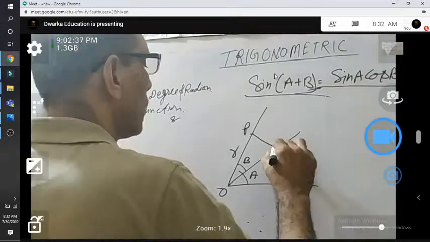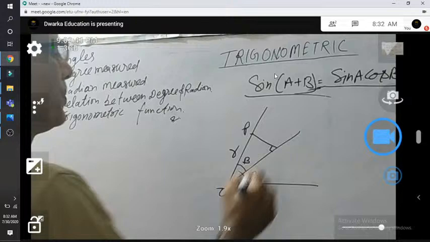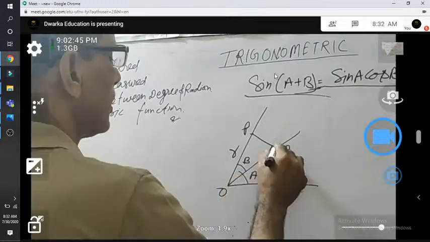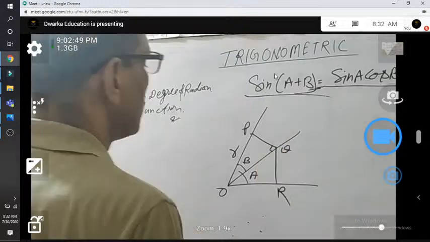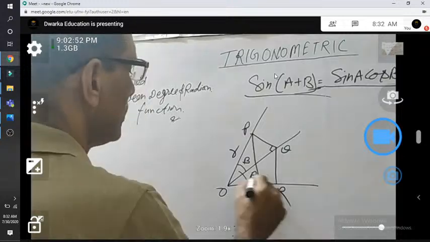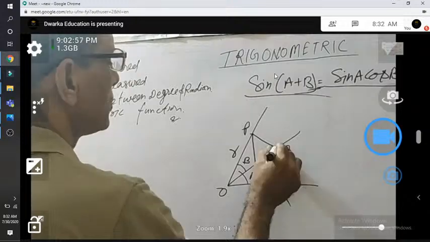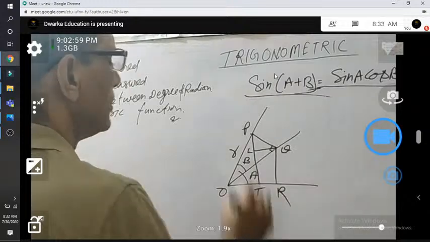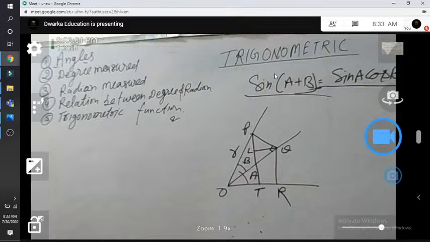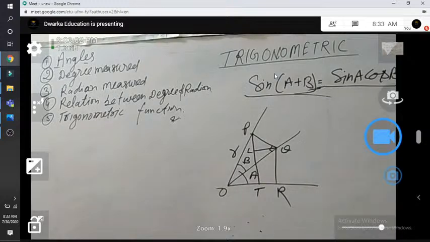This is PQ, and draw another line R, and from this point draw a perpendicular. This is the figure. In this figure we find the value of OT.